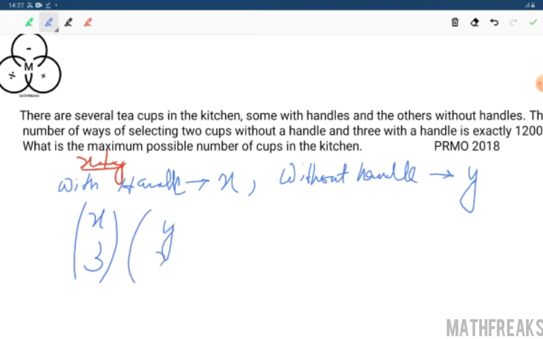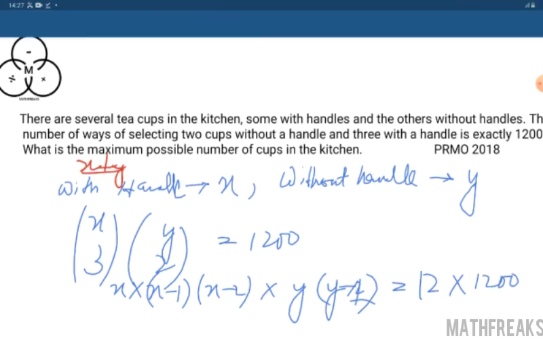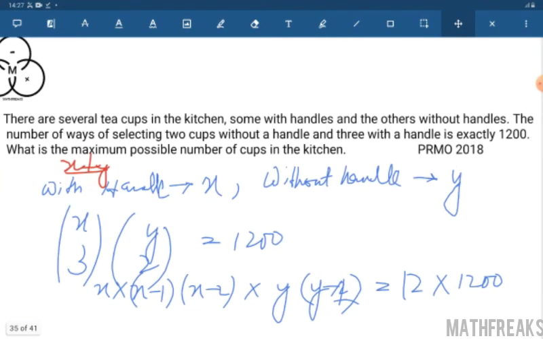Without handle y choose 2, equals 1200. So we have x into x minus 1 into x minus 2 into y into y minus 1 equals 12 into 1200. Is it clear? Up to this it should be clear.